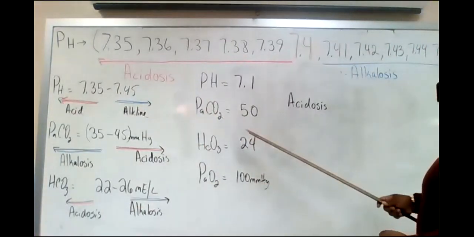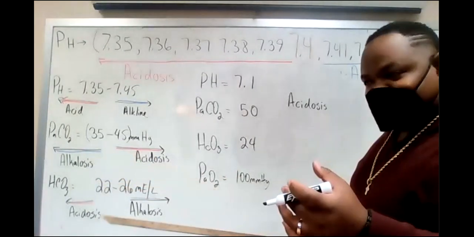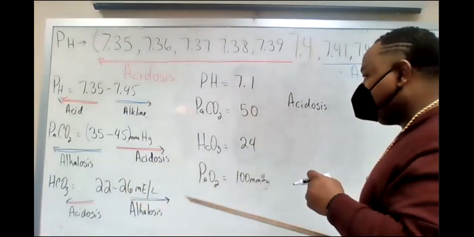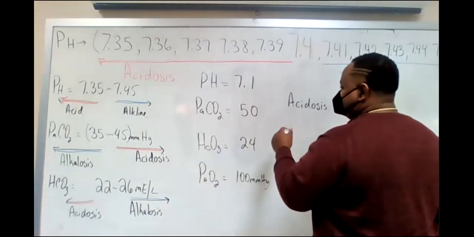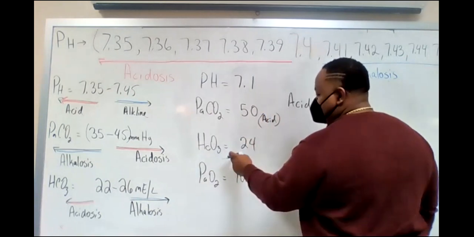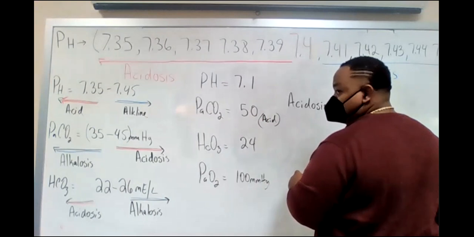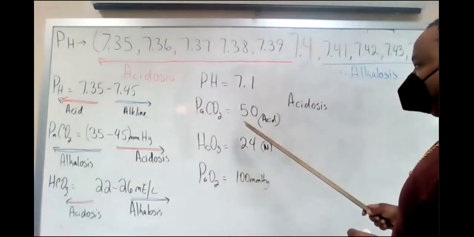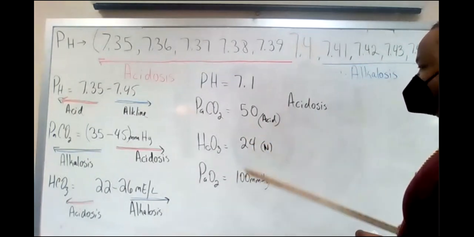Now we got to find out who's causing the problem. Whoever is matching pH is the one that's causing the problem. So let's look at each one. CO2 in this case is what? Acidosis. Good. And bicarb is what? Normal. Good. So who's causing the problem? Who's the one matching the pH?